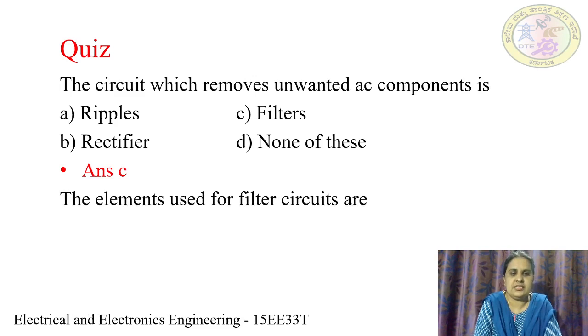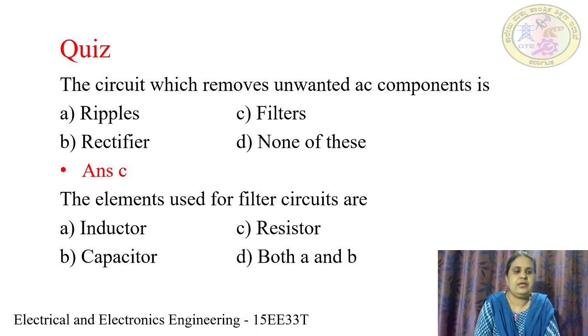So the next question is, the elements used for the filter circuits are: option A, inductor; option B, capacitor; option C, resistor; option D, both A and B. We all just now discussed, we are using the L inductance as a filter element.